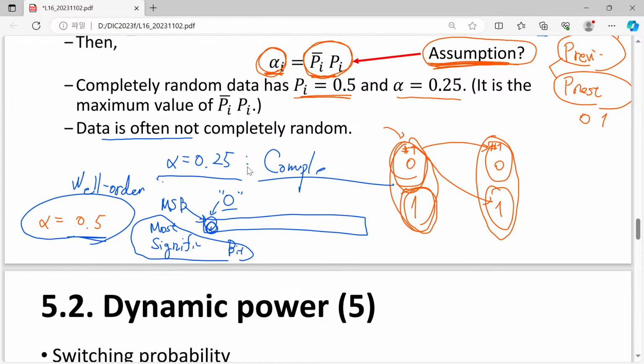It does not change very frequently. So in this case, we can expect that the actual alpha would be even lower than this completely random value.